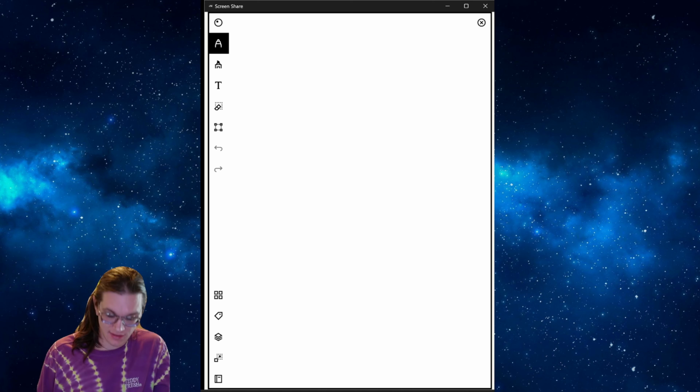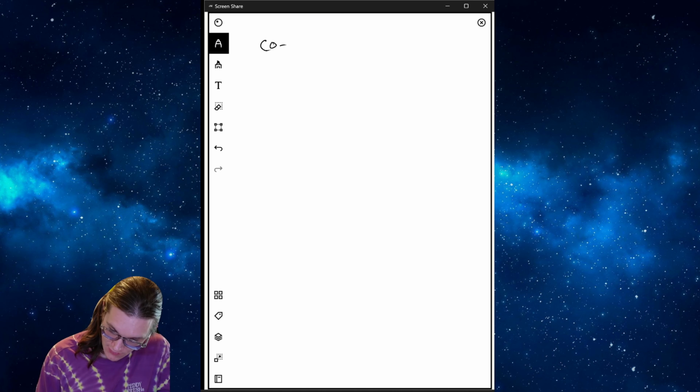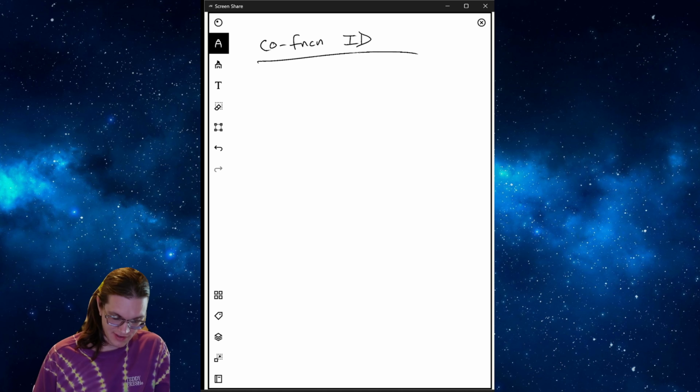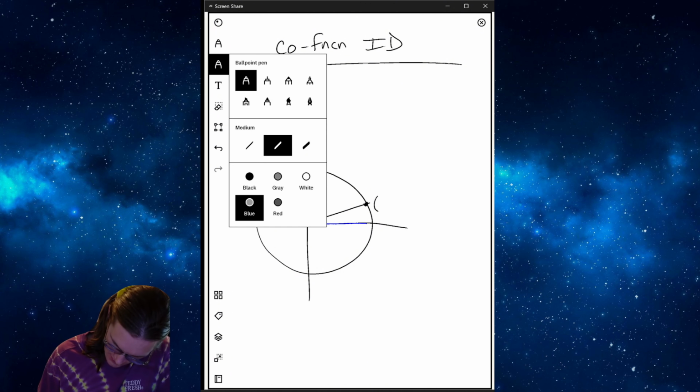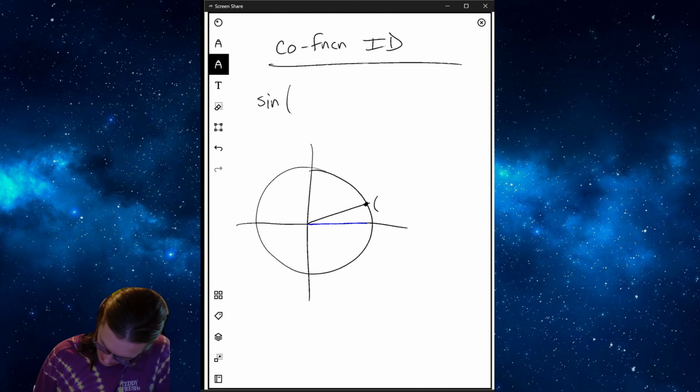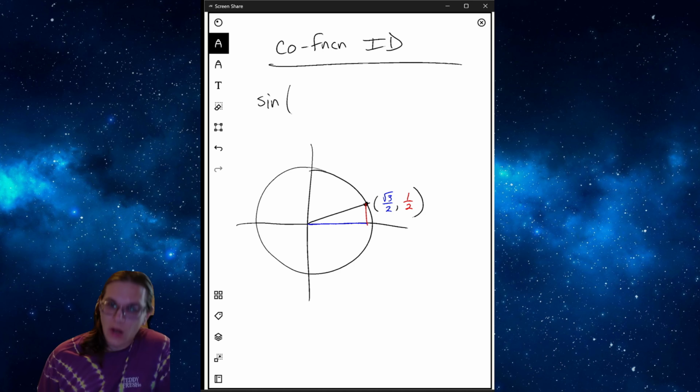And as a palate cleanser, this is called a co-function identity. These are free, right? Say you're looking at 30 degrees, which we know is root 3 over 2 over in the x direction, and then 1/2 height. Okay.